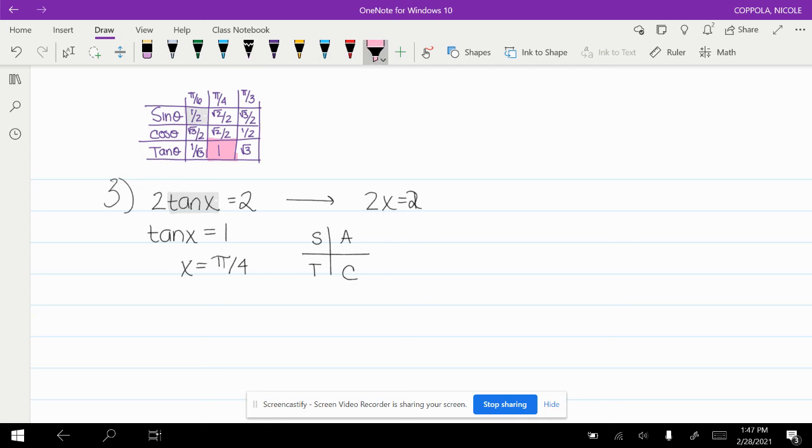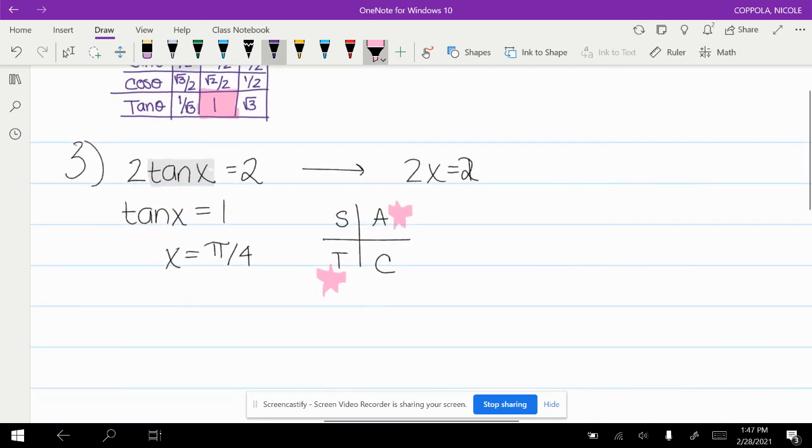Tangent is positive in quadrant 1, and it's also positive in quadrant 3. Because I'm thinking in terms of pi over 4, I've got 0, pi, which is really 4 pi over 4. I don't have to loop all the way around because I only want to go to quadrant 3. So one increment more than 4 pi over 4 would be 5 pi over 4. And I'm done. Yay!